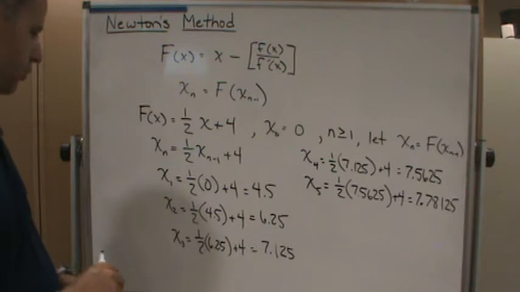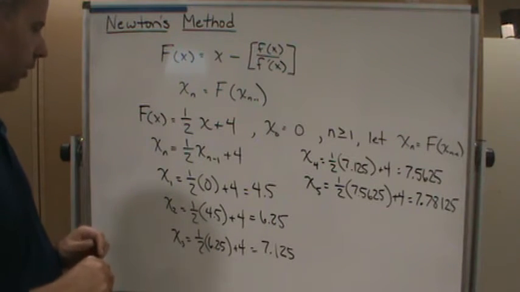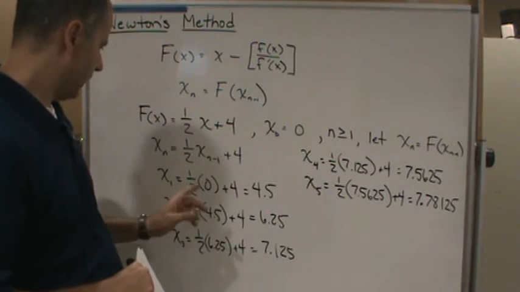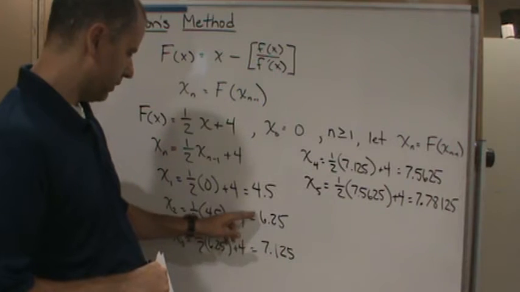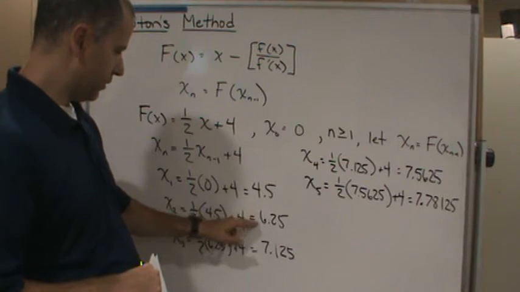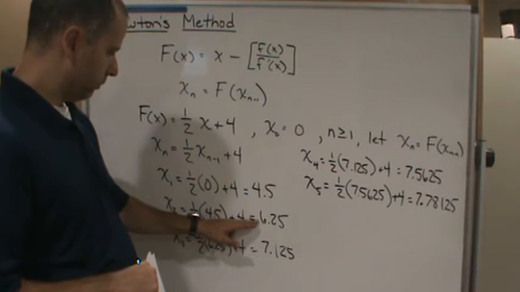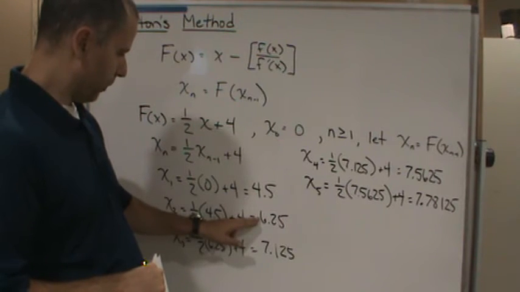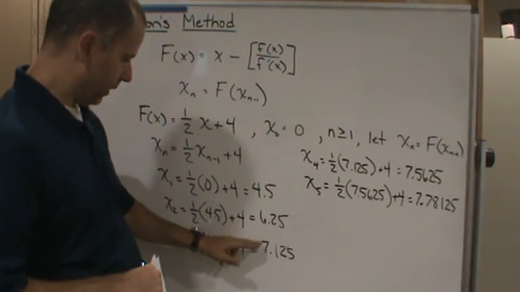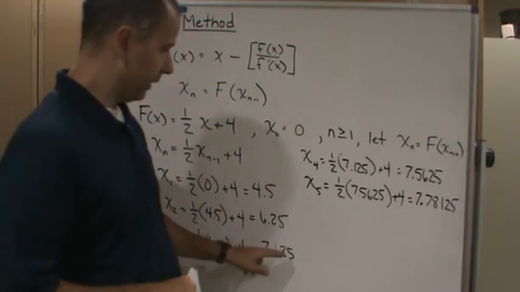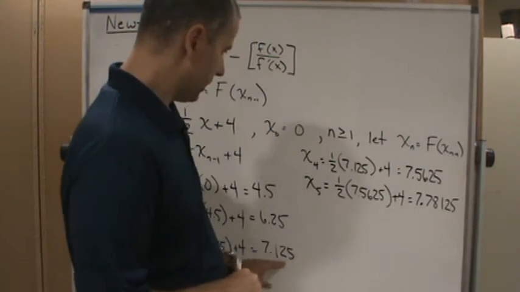Based on this, what do you think is going on? It looks like it's heading towards 8. Notice in the beginning it jumps a lot. The difference between these two is 1.75, and then from here the jump is less, less than 1, and then here the jump is even less than that.